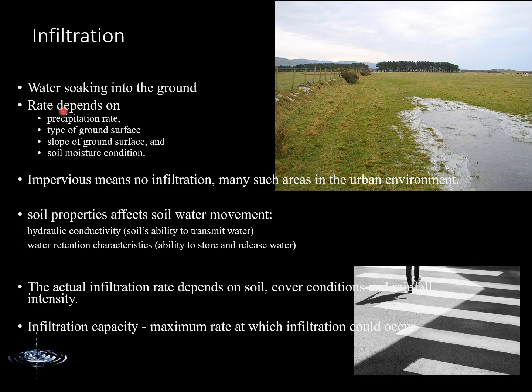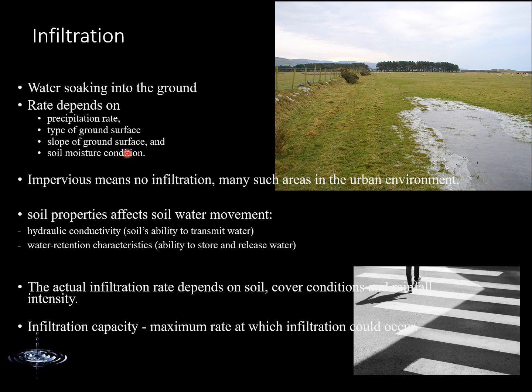Now, the rate of infiltration obviously depends on the precipitation rate. If the precipitation rate is very high, then infiltration will also be high up to its maximum capacity. Type of ground surface, right? If it is an impervious surface like this or a pervious surface like this, it will make a difference.